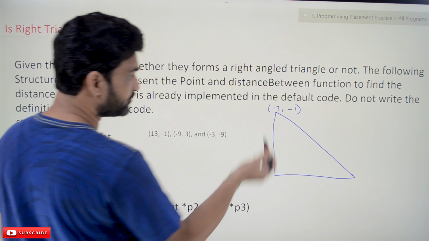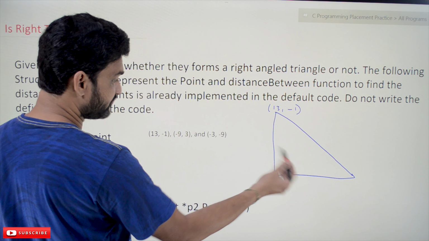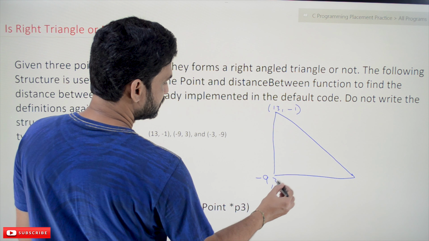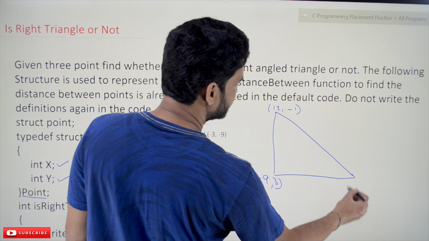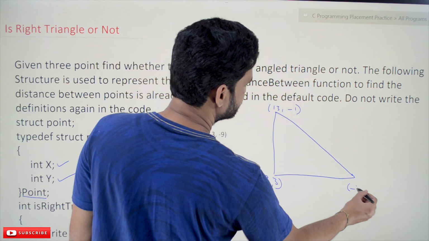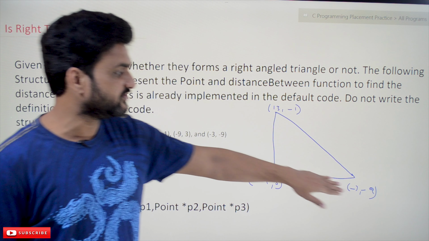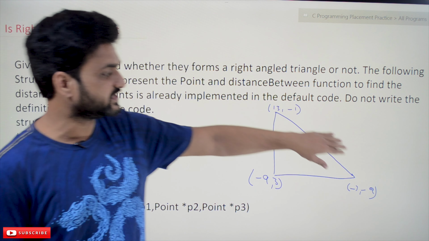They may not be the actual points, but I have taken these for convenience. Now we have to prove that these 3 points form a right angle triangle. If you combine these points and it forms in this way, then we can say it is a right angle triangle.